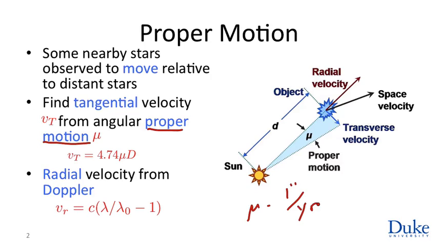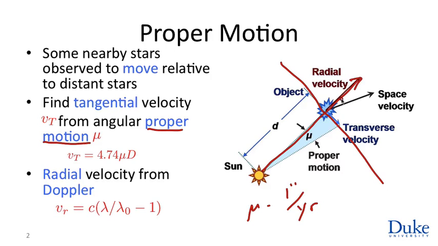And when we're looking at an object, notice that an object can be in motion and have zero proper motion if it's moving right at us or away from us. And so when looking at an object, we define a plane called the transverse plane. The transverse plane in this image is this direction and the direction perpendicular to it coming out of the page towards us, and a radial direction, which is the direction along the line from us to the star.